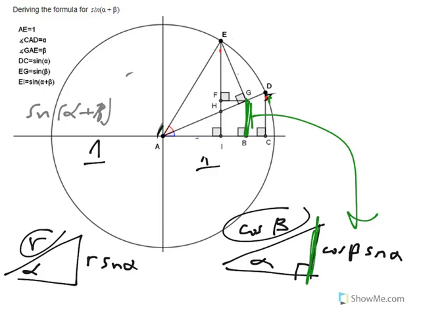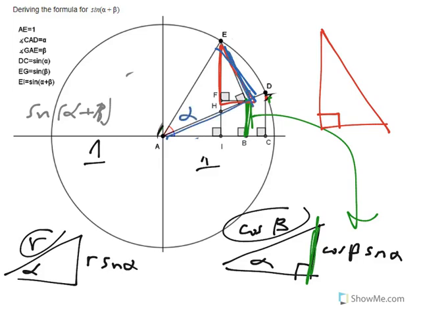Now I'm going to focus on this red triangle here. Make it bigger. One thing we know about that triangle is that its hypotenuse, which is over here, was the opposite side of, this is angle beta. So that side there, which is also over here, is cosine beta.